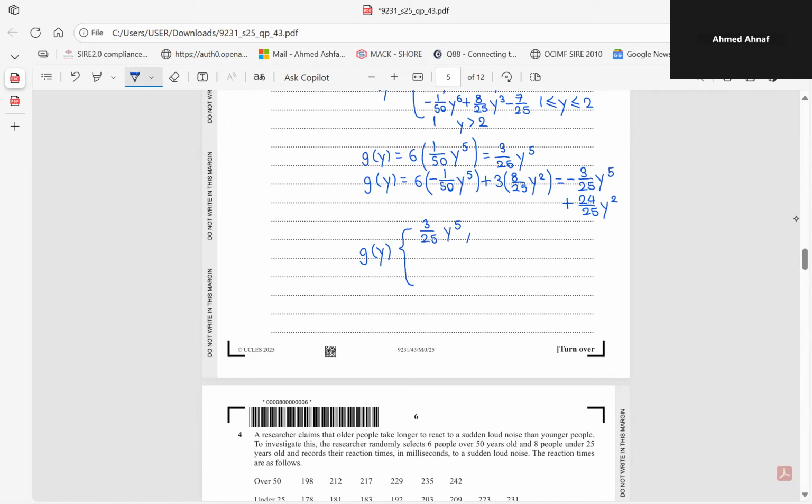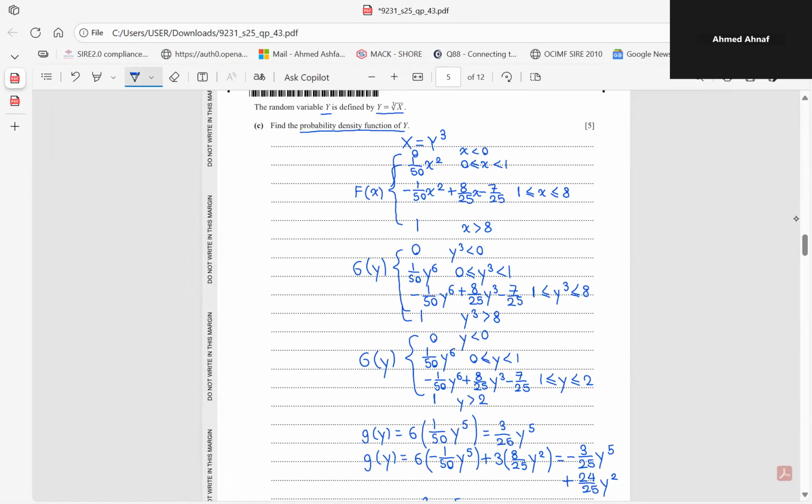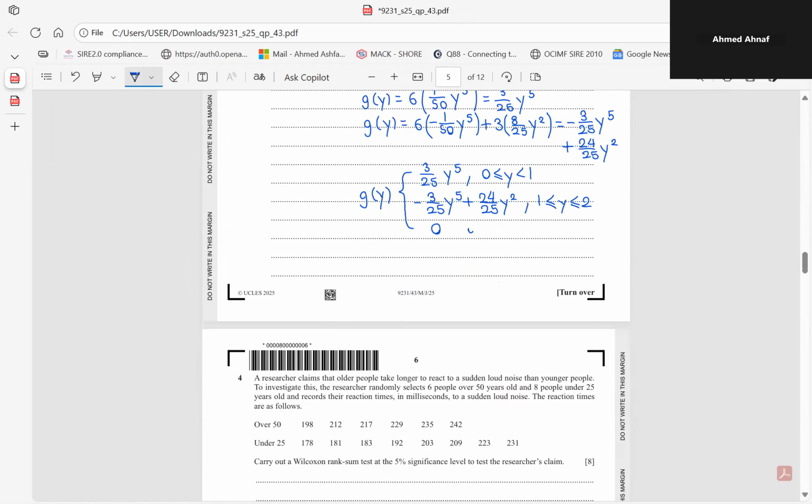In this case, 3 over 25 y to the power 5 is from 0 inclusive to 1, and the second one, minus 3 over 25 y to the power 5 plus 24 over 25 y squared, is valid for 1 to 2. And then we write 0 otherwise.